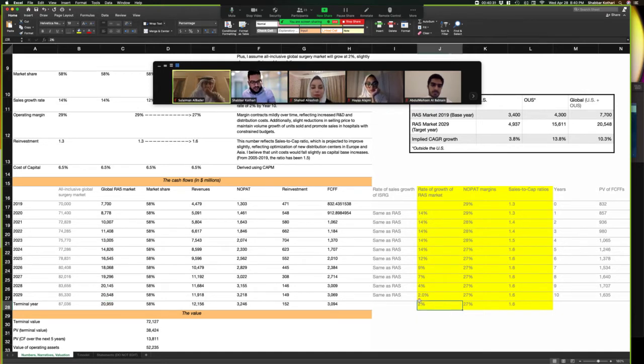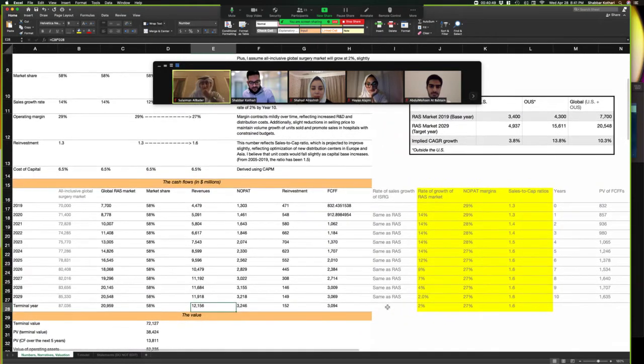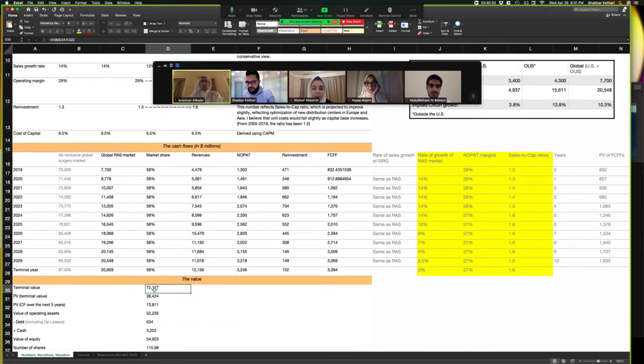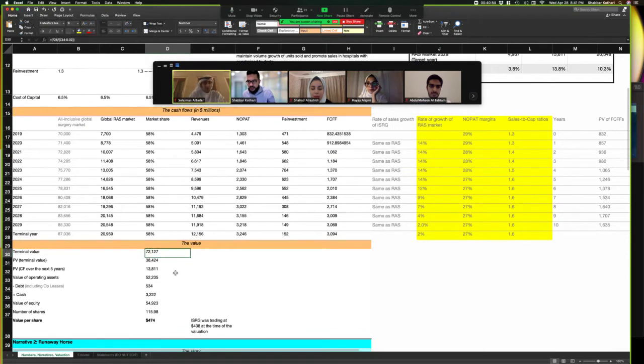The terminal growth rate, I'm assuming, is 2%. That's generally reasonable, to make it the same as the risk-free rate. I continue to assume, which is a decent assumption for ISRG, that it continues to control a large part of the market, that's 60%. And then I discount that free cash flow over here, come down to D30, where I discount it.